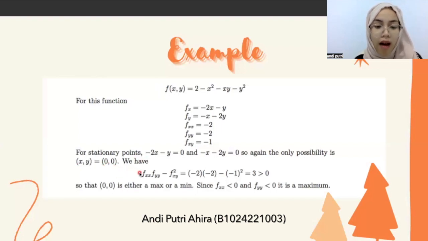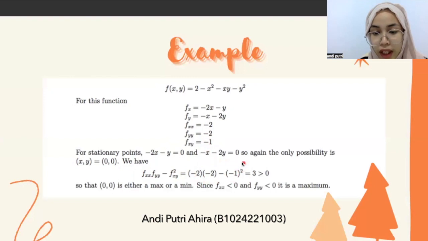Now we have fxx times fyy minus fxy squared. fxx, the second order partial derivative with respect to x, is negative 2, and fyy is also negative 2, so negative 2 times negative 2 minus fxy squared, which is negative 1 squared.